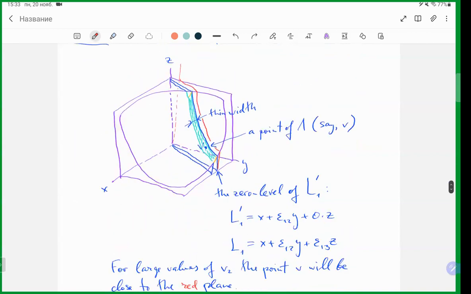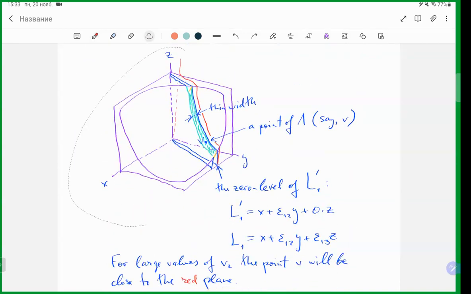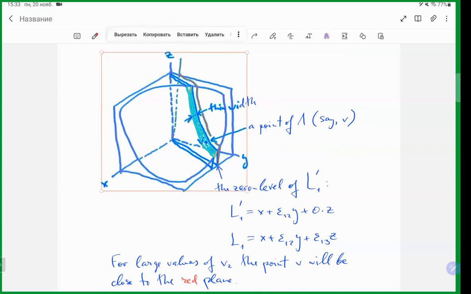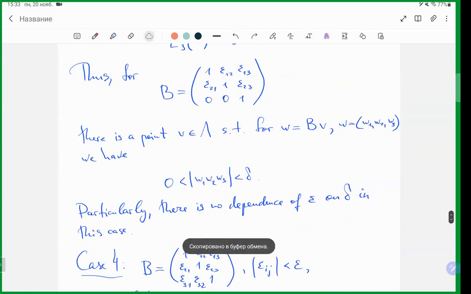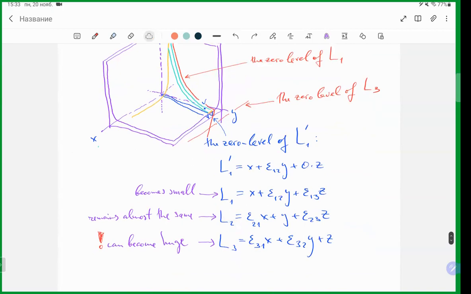Let me take this one. I think this will be almost the last picture.